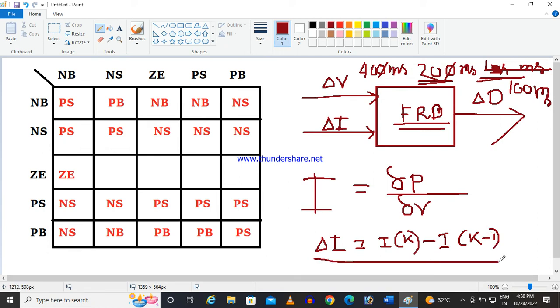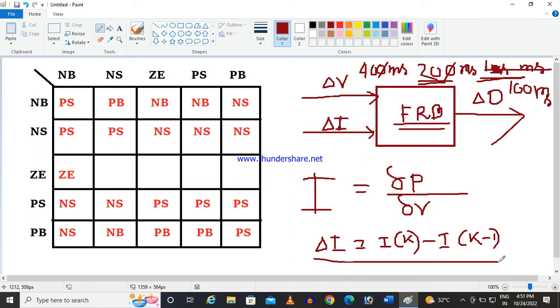Hope it's clear. So first you sense the voltage and current through the ADC. Then you do the product, you will get the power.